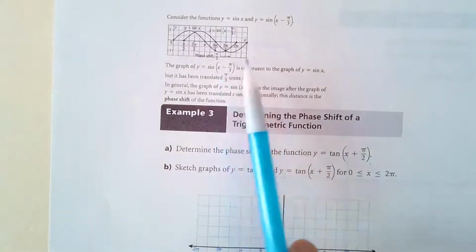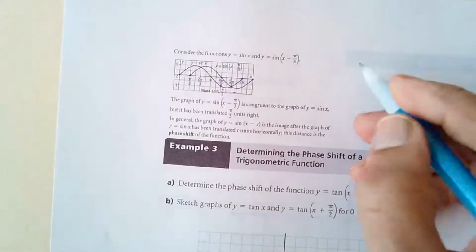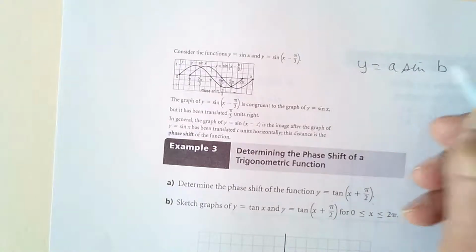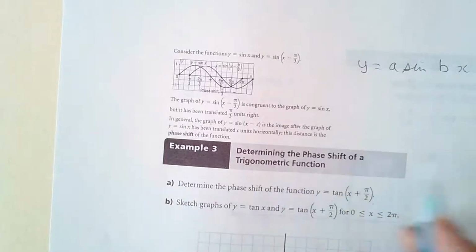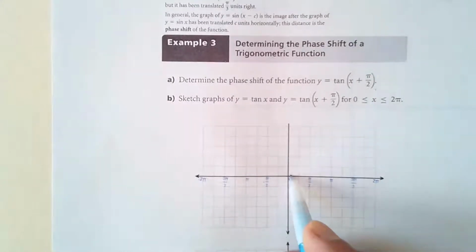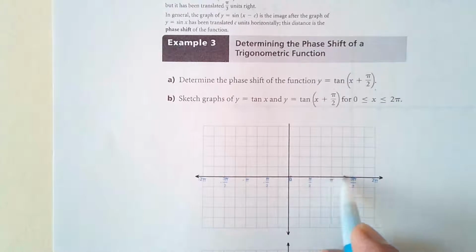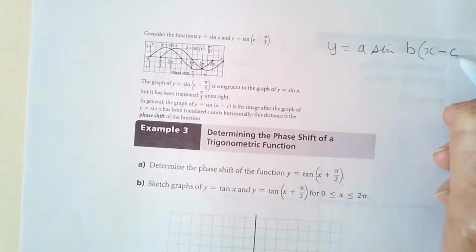So far we've looked at a function of the form y is equal to a sine b x. Now we're having a horizontal shift. Instead of the graph beginning at 0 here, it may begin at a different point on the x-axis, so your graph will look like minus c here.